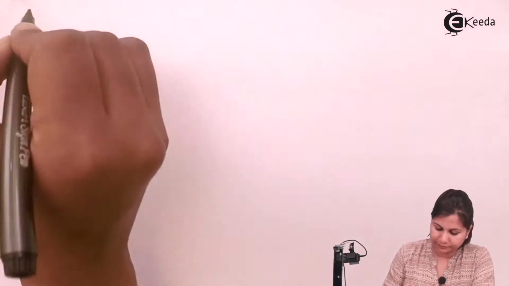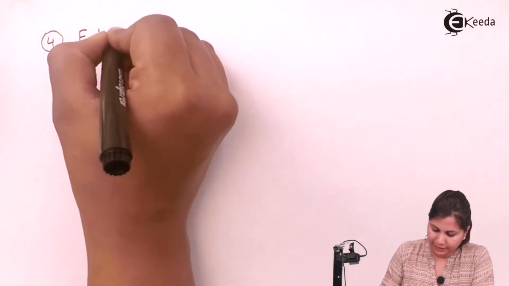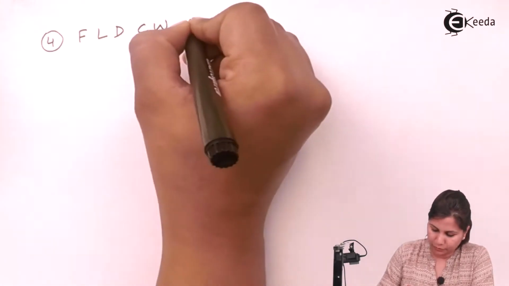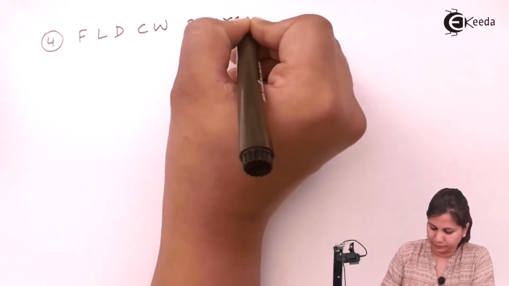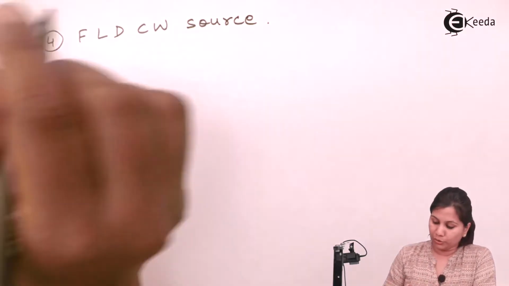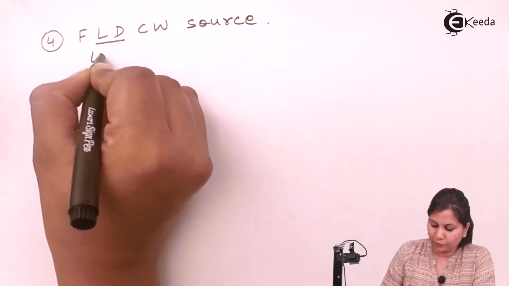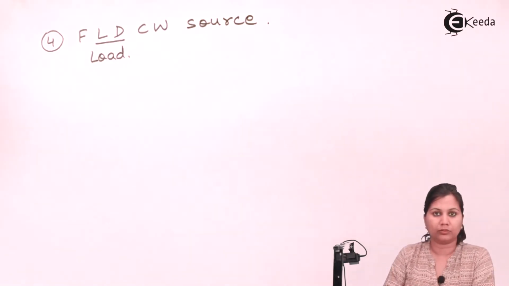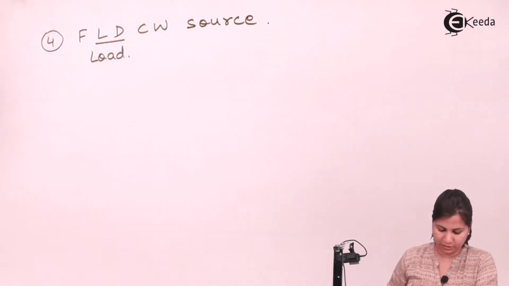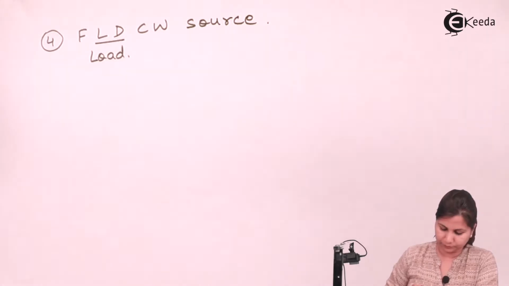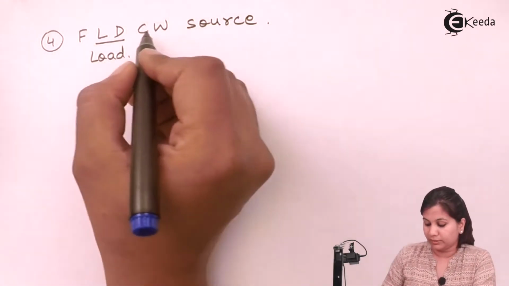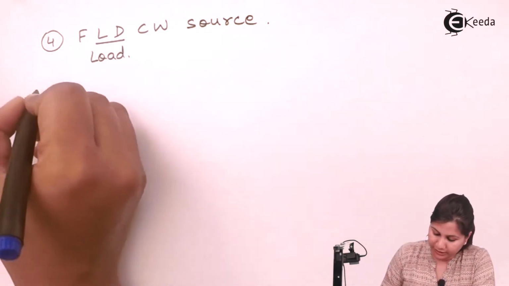The next instruction is FLDCW source. In this instruction, LD is for loading, and CW is the control word.